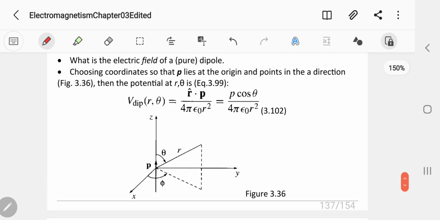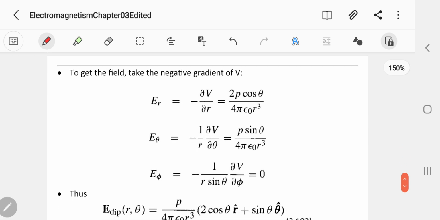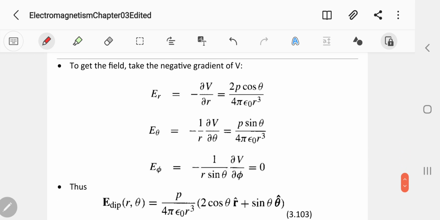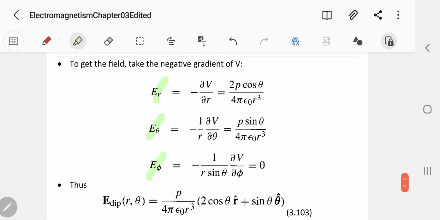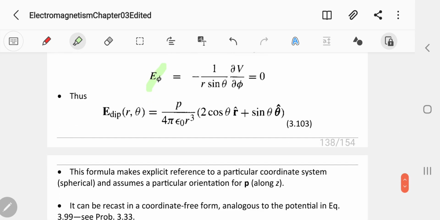And if you get the differential of V with respect to R, with respect to theta, and with respect to phi, you will get the corresponding electric field in the direction specified. So this one is for E R, for E theta, and E phi. And if you add them, that's just the electric field of the dipole.